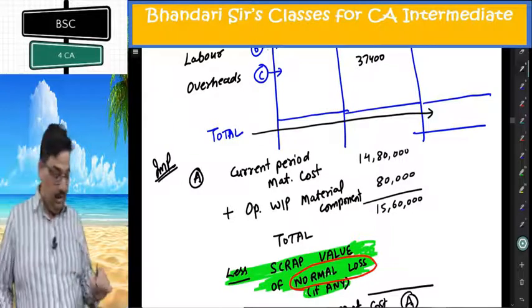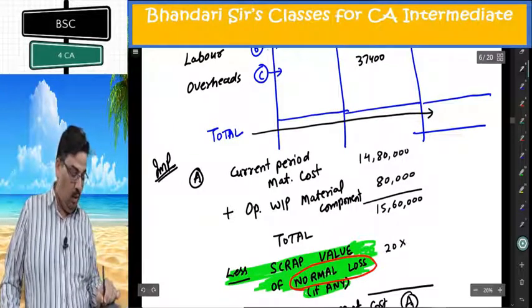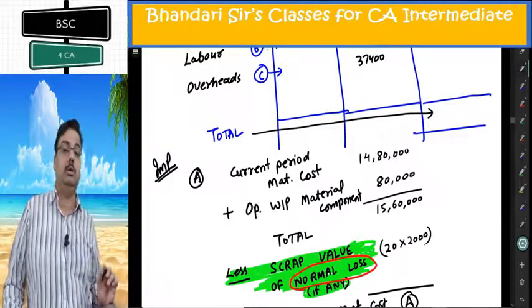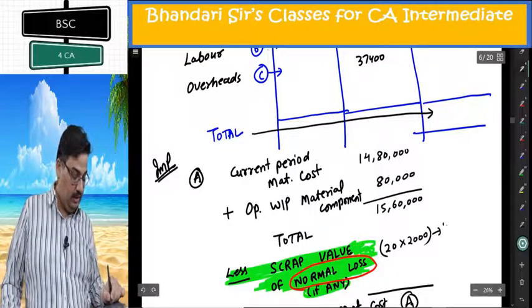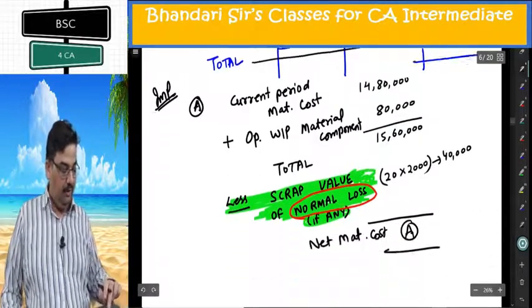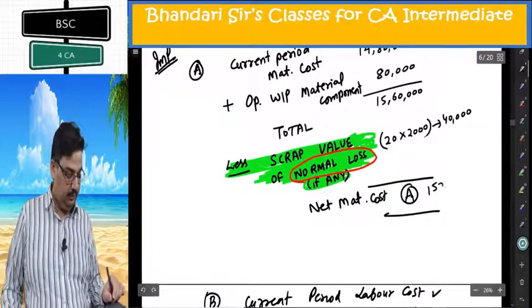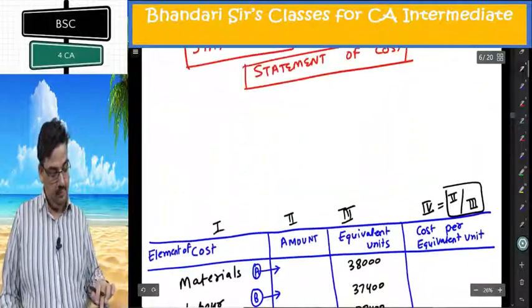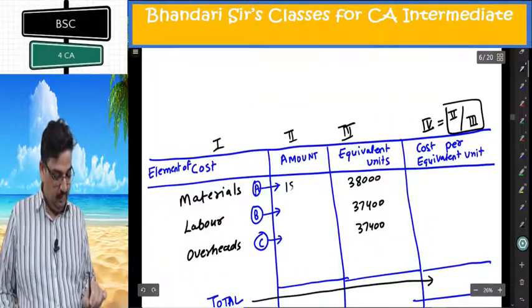Scrap value per piece is 20. Only for normal loss 2,000 units only. Not for 3,000 because 1,000 is abnormal loss. Here I am subtracting 40,000. So net cost I am getting 15,20,000.